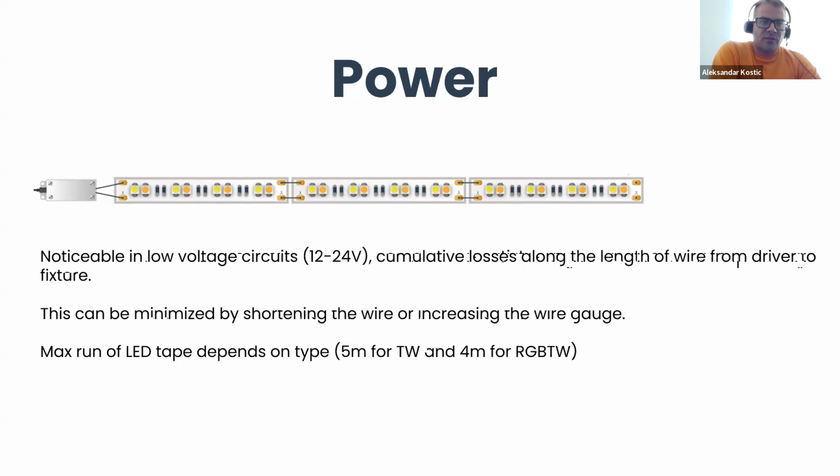Different LED tapes have different max run. For example, for tunable white it is 5 meters, and for RGB tunable white it is 4 meters. That means for RGB tunable white, every 4 meters we need to have one power supply just to be sure that the LED through the whole length is equally powered, so that we don't have any voltage drop within the LED tape itself.